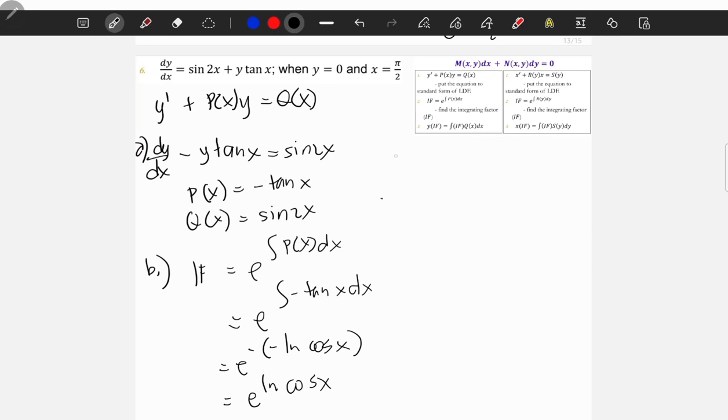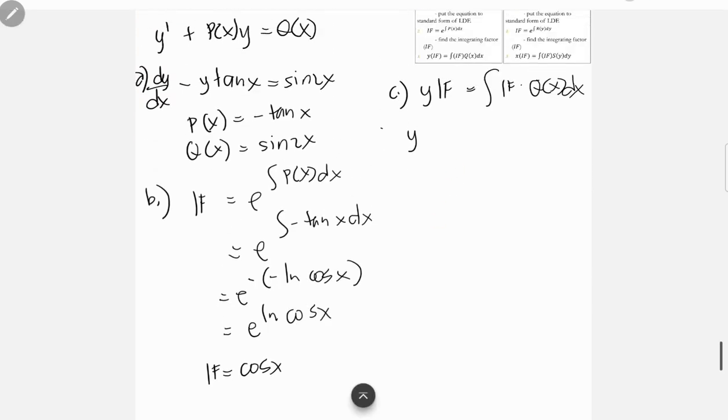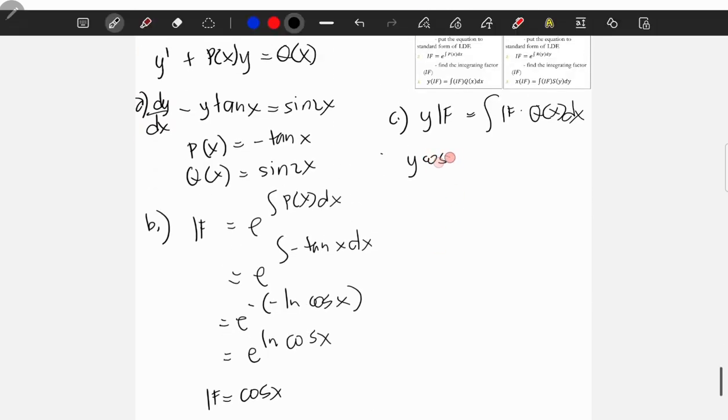For linear in y, the formula is y times IF equals integral of IF times q of x dx. So y, the IF is cosine x. So y cosine x equals integral of cosine x times sine 2x dx. What is sine 2x?